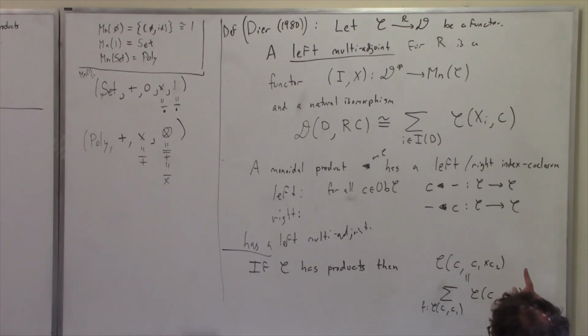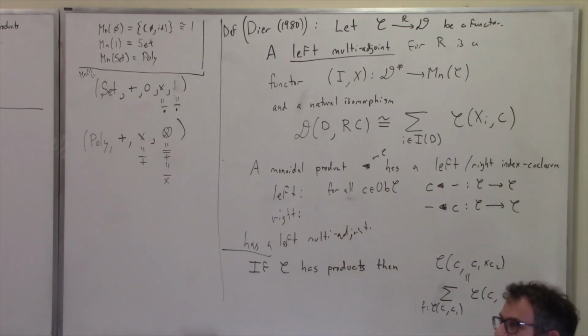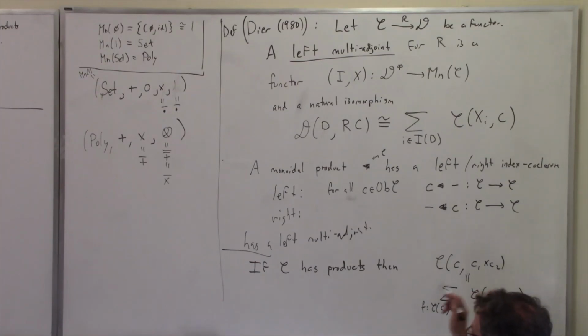And so times would have both a left and a right index co-closure. So if you have products, then product has an index co-closure. This is quite common. You don't need something special, just products.